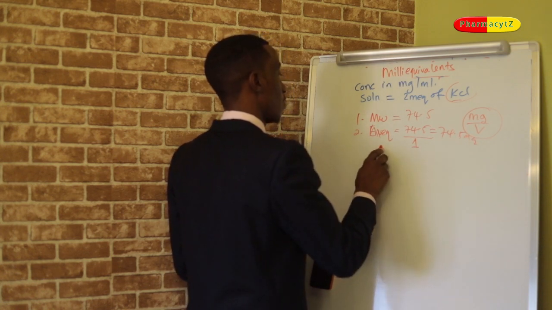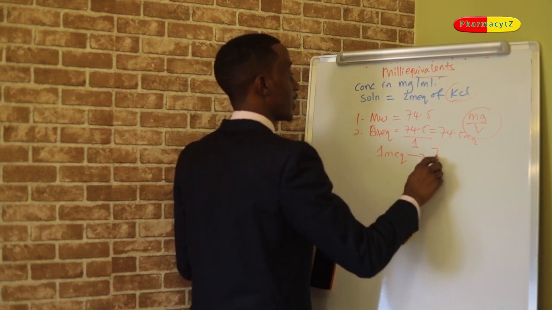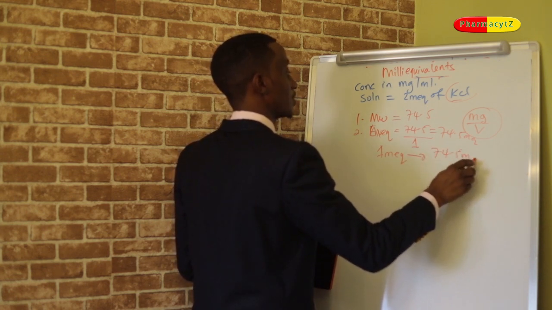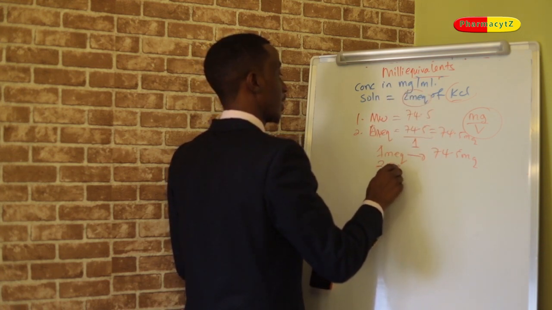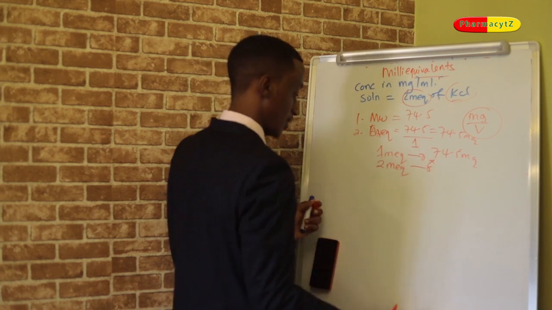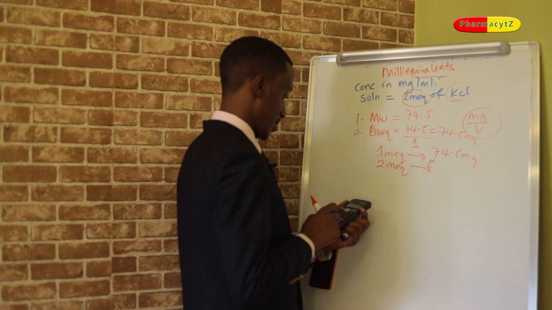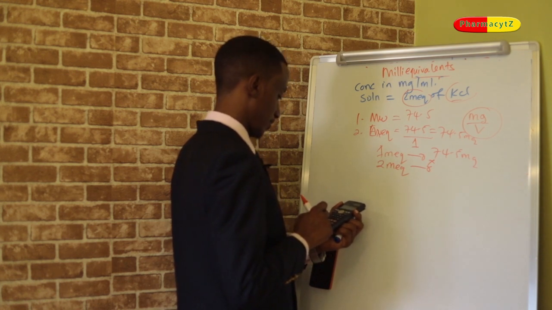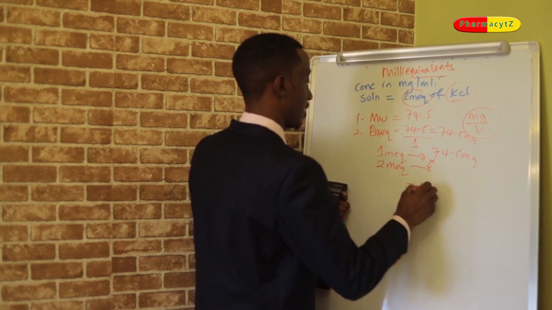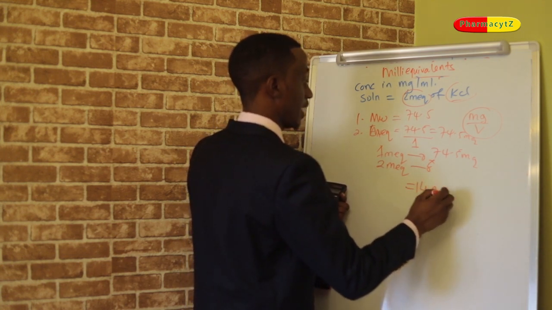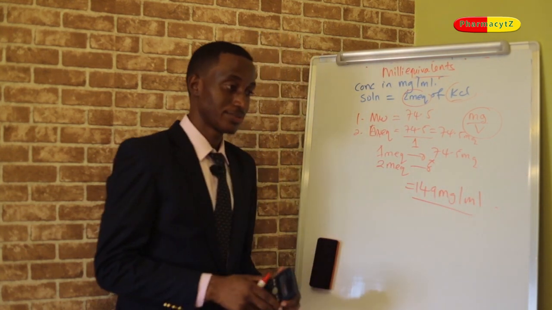So this means 1 MEq of potassium chloride can be provided by 74.5 milligrams. Then 2 milliequivalents in solution can provide how much? Then you cross multiply. That is 74.5 times 2. Then you get 149 milligrams per mil. That is the concentration.